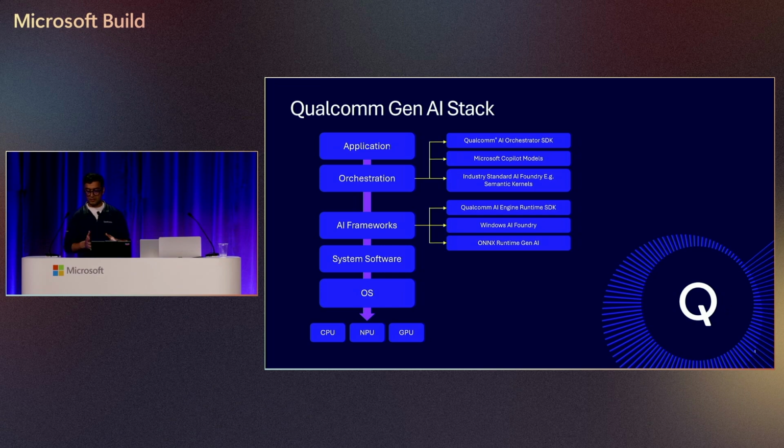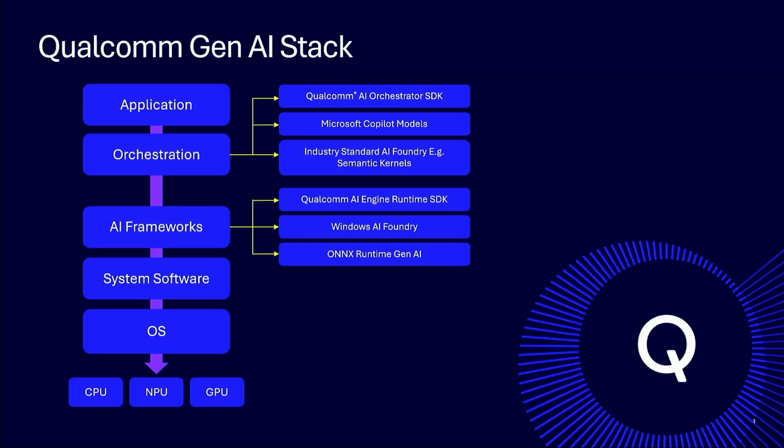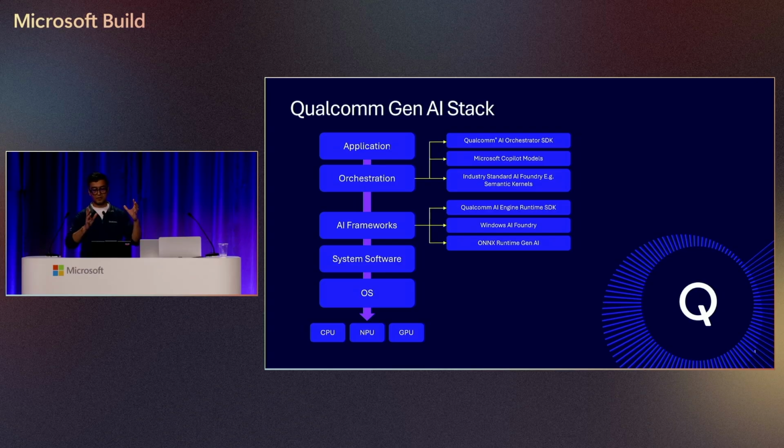Later in the session, Manuj will cover and show you how we also utilize the industry standard AI Foundry, which was announced again in the keynote today. And for example, how do you use semantic kernels to run your orchestration framework locally on the device? In the AI framework layer, we have our own proprietary AI Engine runtime SDK, which is highly optimized to run your AI models on the NPU.